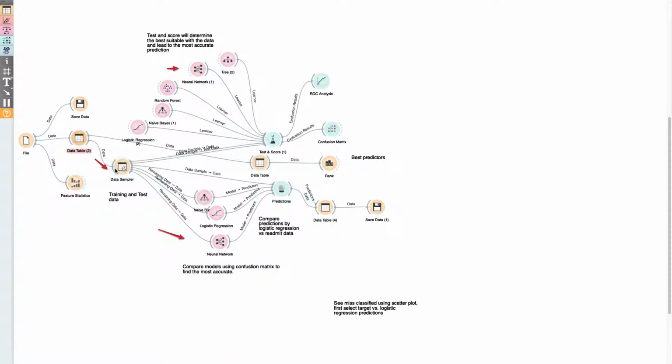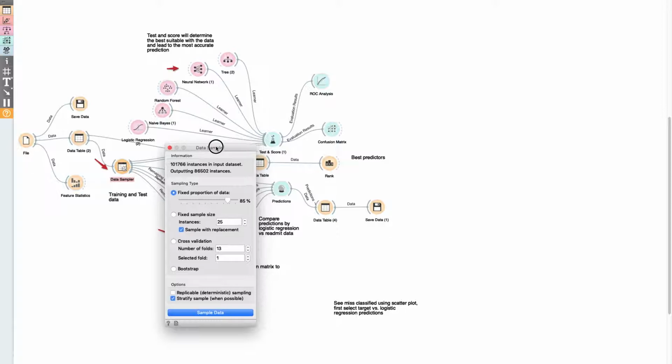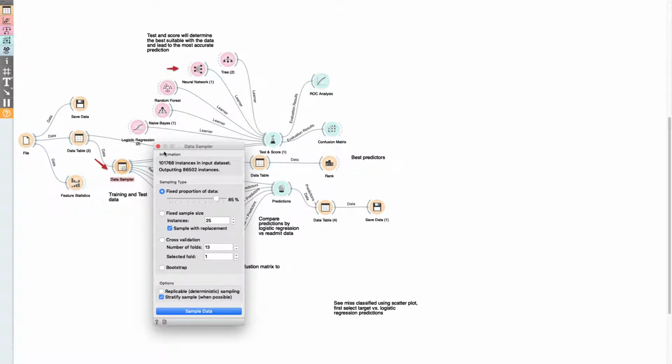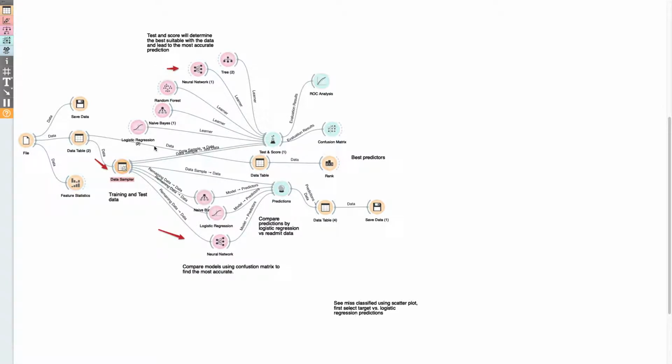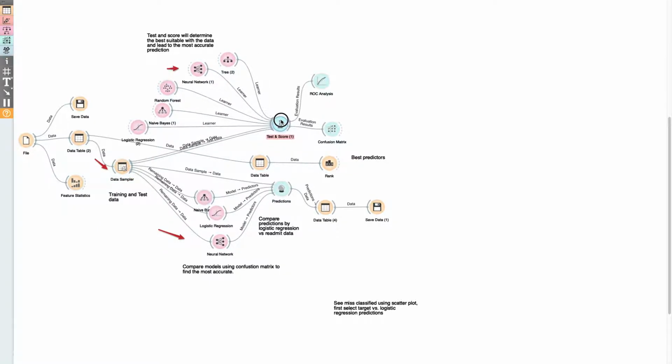And then I used the sampler to form my test and training data, using the 85 cutoff for training. The first part on the top is where I was trying to figure out which was the best model to use for predictions.